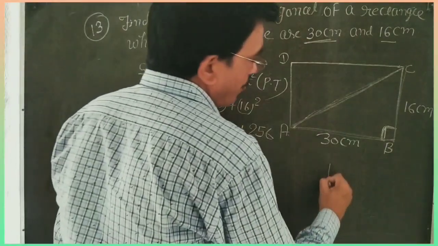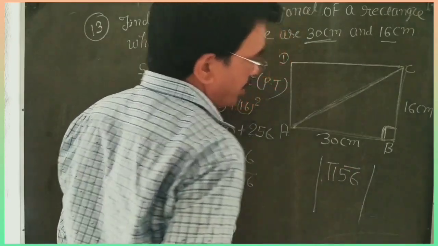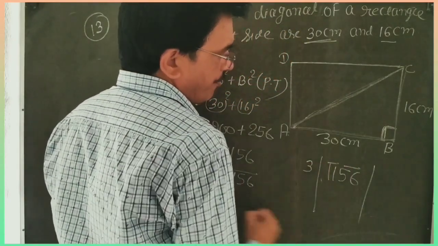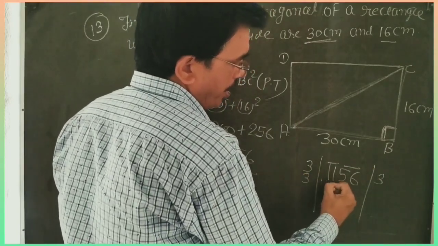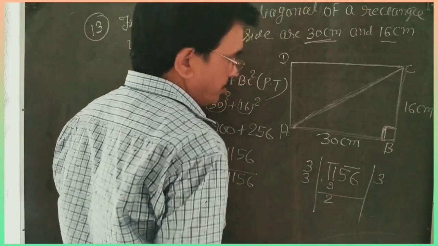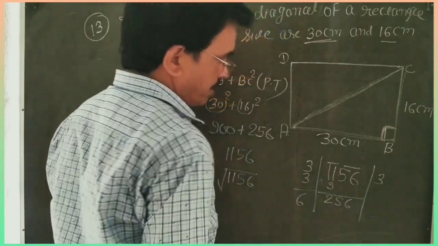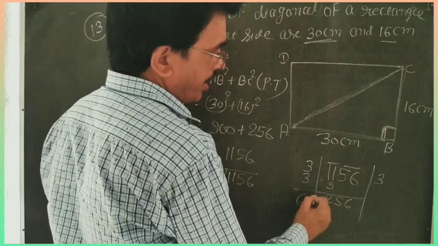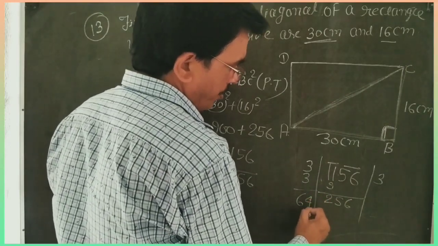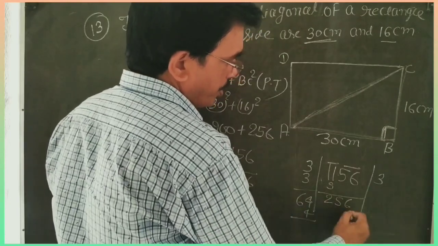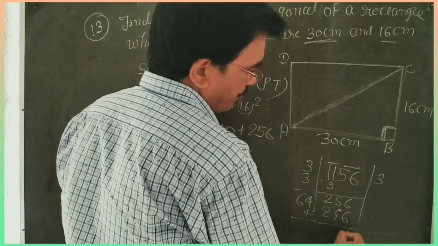What is the value of root 1156? Find it out like this: 3 times 3 is 9. You write here 9. Then the next digits are 56, and you get 256. So it is 64. 4 times 4 is 16, 6 times 4 is 24, plus 1 is 25.